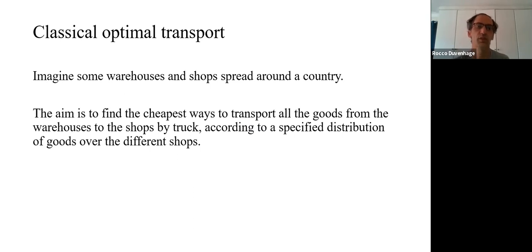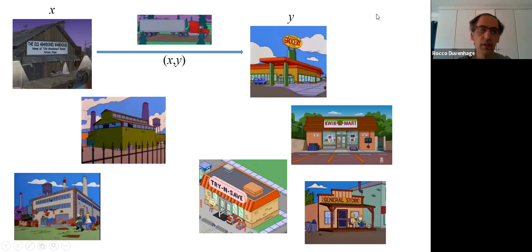So classical optimal transport, I'm going to describe in very simple terms. I'm going to think in terms of warehouses and shops, which are spread around some country. And the idea is to try and find the cheapest way to transport the goods from the warehouses to the shops, right? So if I look at this picture, you have warehouses here on the left, you have shops indicated on the right, and let's view a truckload of goods going from the warehouse to the shop.